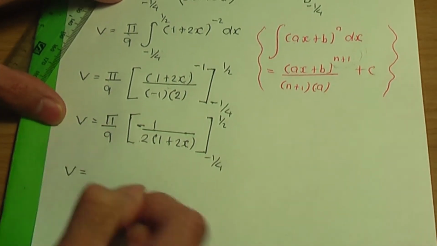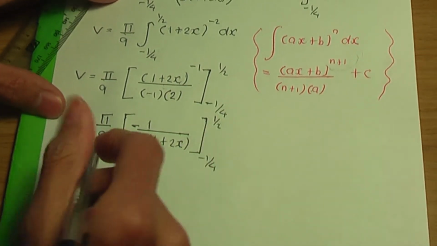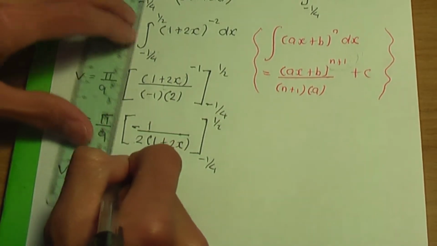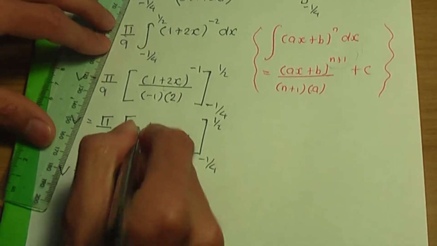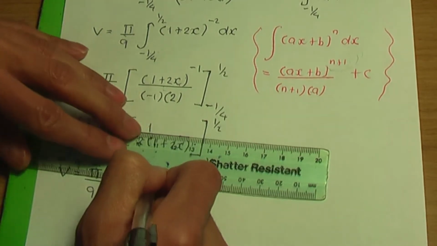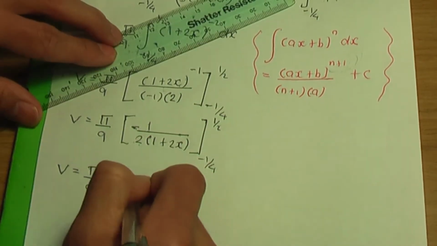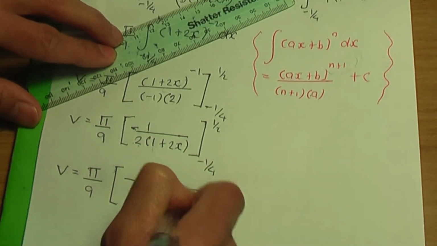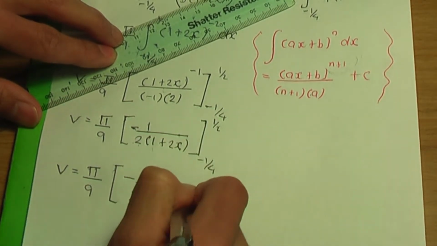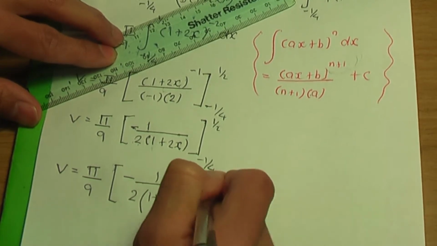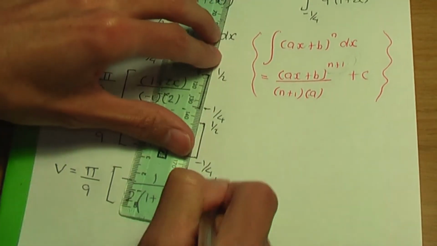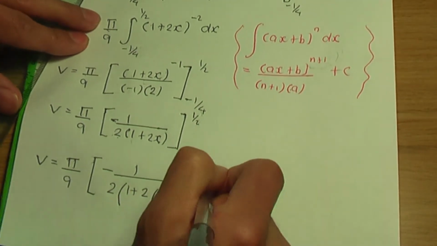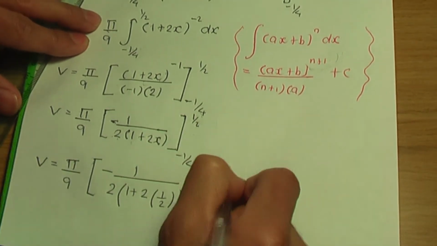If we replace the limits, upper limit first, the upper limit is half, so we'll have pi over 9 then into minus 1 over 2 into 1 plus 2 of x, which is half. That is what you should have upon replacement of the upper limit, minus pi over 9.